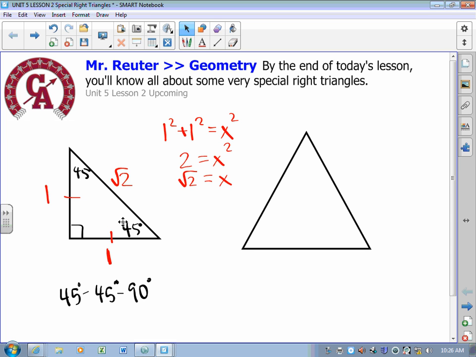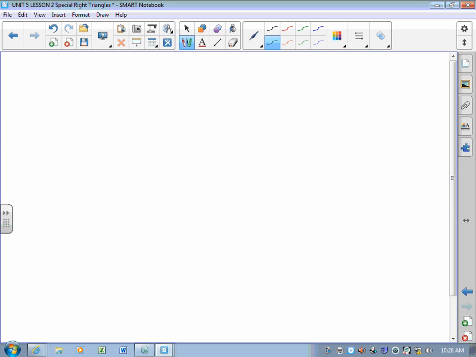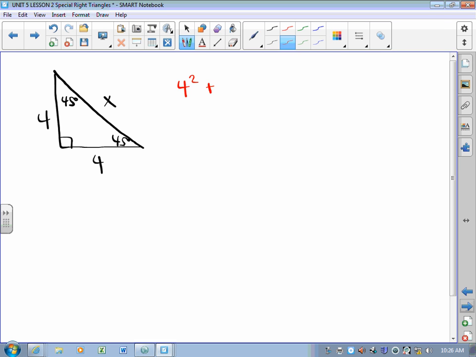if the legs were some number other than 1, I'm coming back to that one. If the legs were something other than 1, let's say that the legs were 4, and I wanted the hypotenuse. Well, we'd play the same game. 4 squared plus 4 squared is x squared.